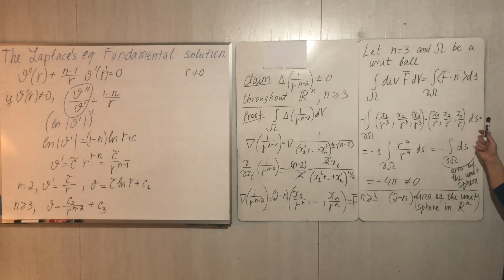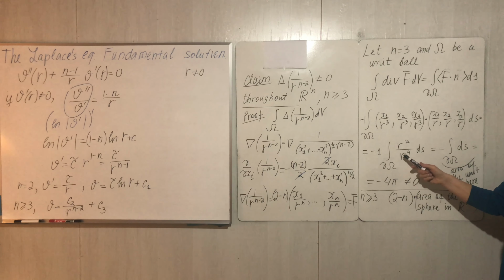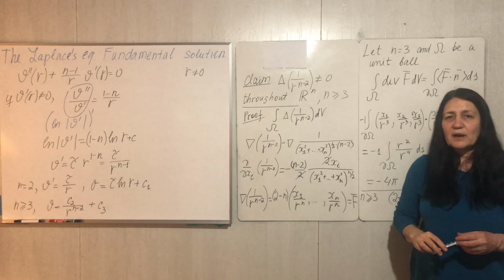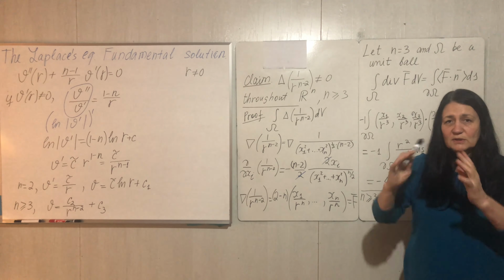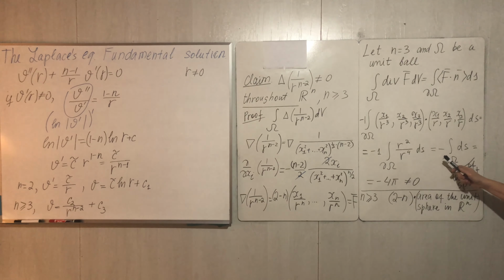When we compute the dot product, multiplying these two, we get r squared over r to the 4th. But we remember that we're computing this on the unit sphere, so it will be 1, and finally we will get -1 times the integral just over the surface of the sphere.